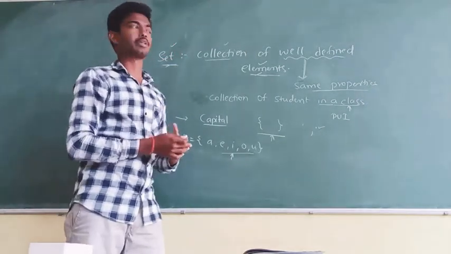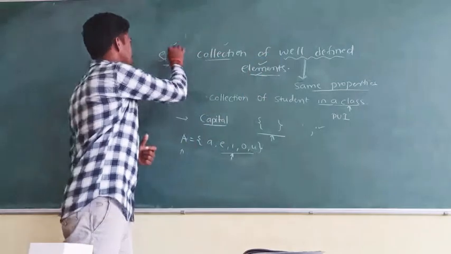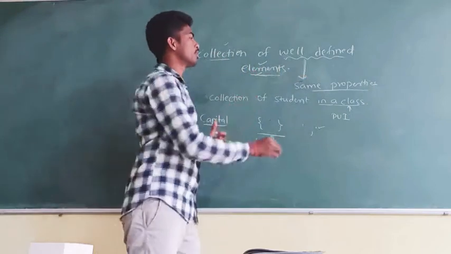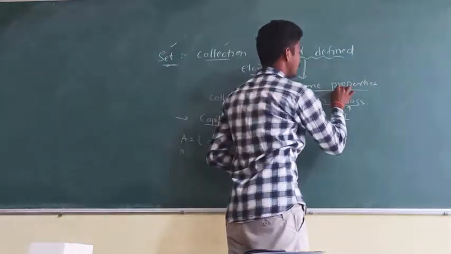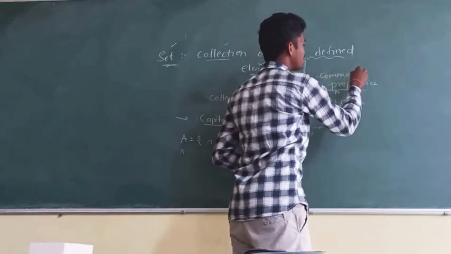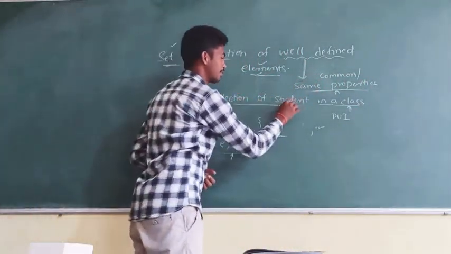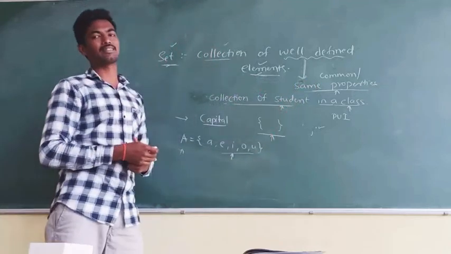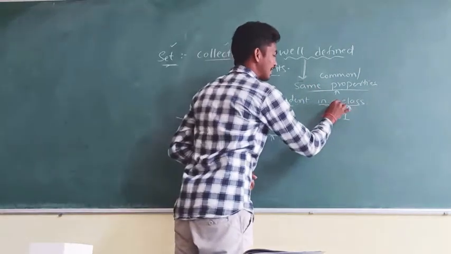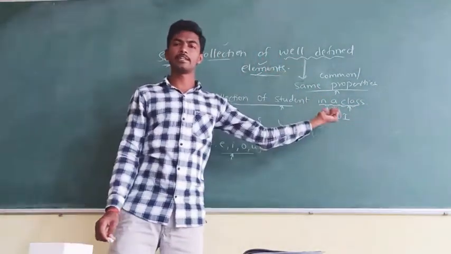So the definition, we know, is that a collection of well-defined elements is called a set, where well-defined gives you elements having the same or common properties. Then the best example here is that a collection of students in a class is called a set, where in a single class shows you the well-defined nature.